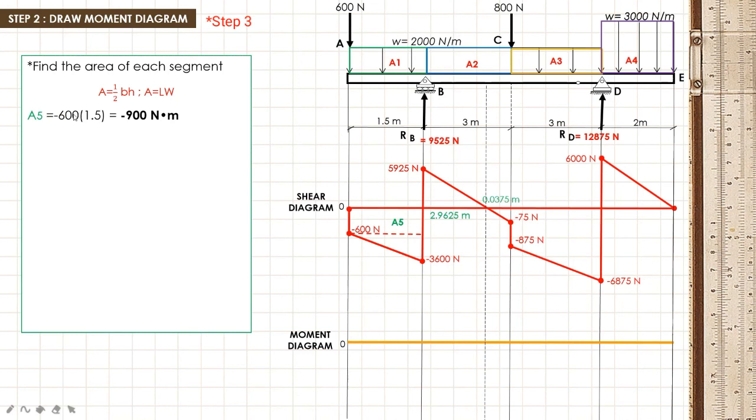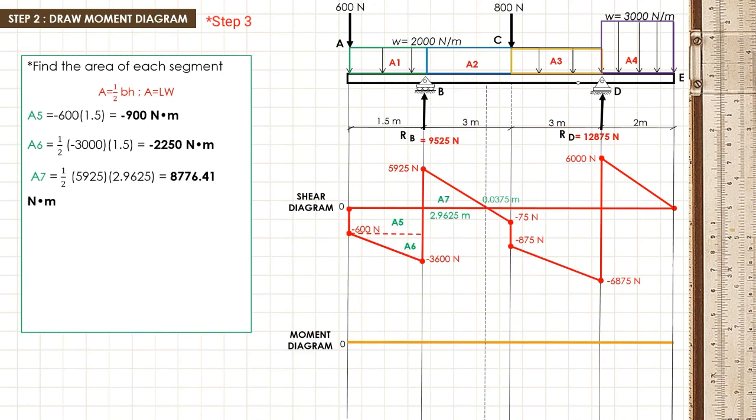For the first, A5, which is 600 multiplied by 1.5 is equal to negative 900 Newton meter. And for the next one, A6 is equal to 1/2 multiplied by negative 3,000 multiplied by 1.5 is equal to negative 2250 Newton meter.